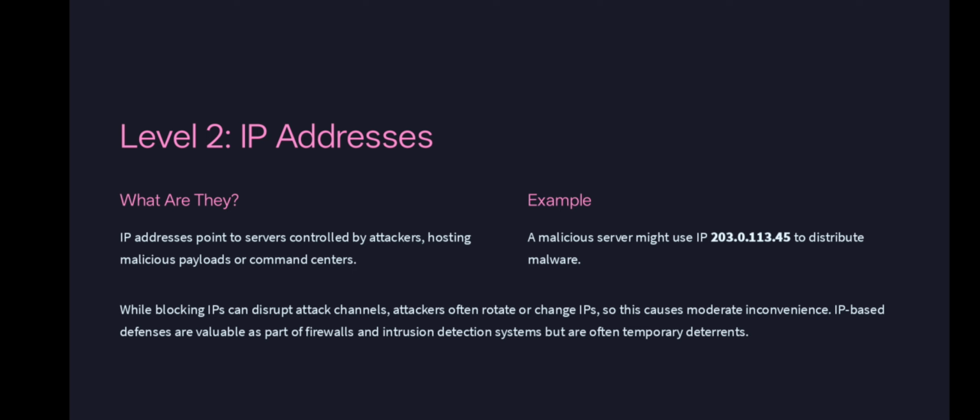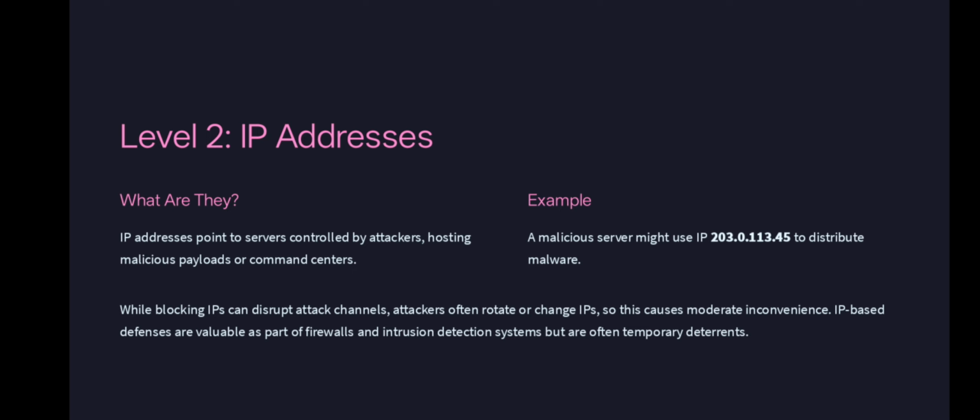IPv4, e.g., 192.168.1.1, the most widely used format, consisting of 4 octets. IPv6, e.g., 2001:0DB8:8000:0000:0000:8A2E:0370:7334, a newer format with a vastly larger address space, created to address IPv4 exhaustion.